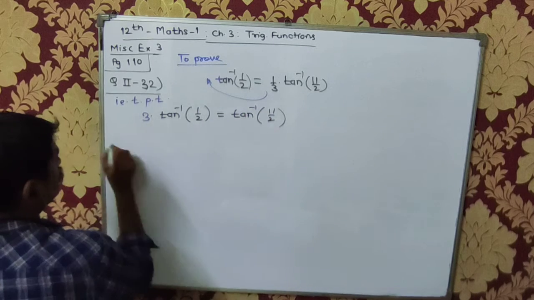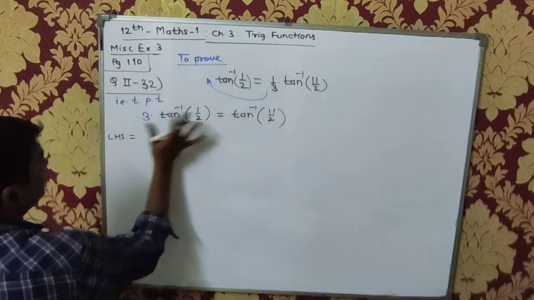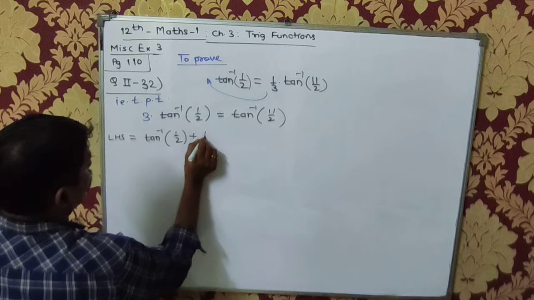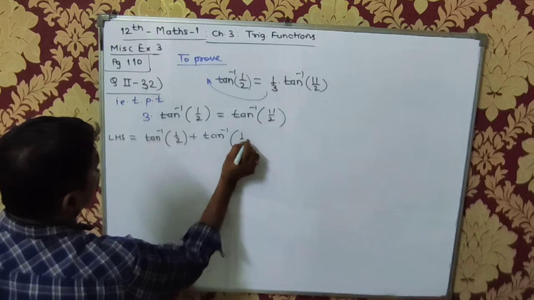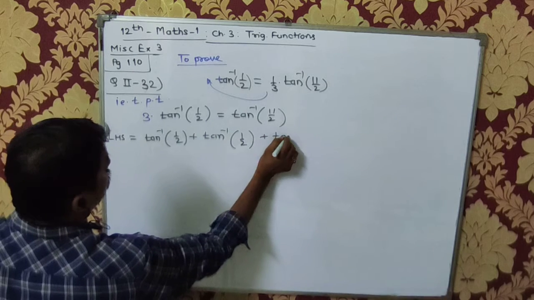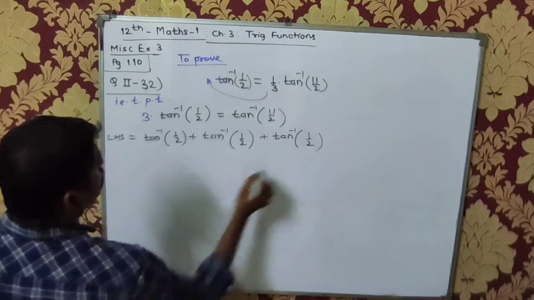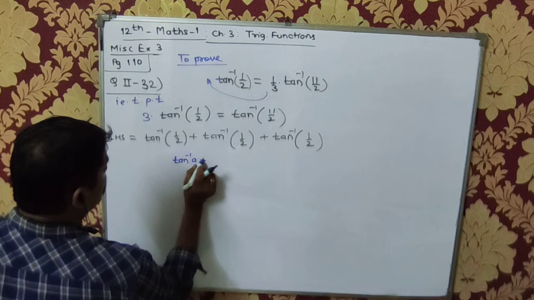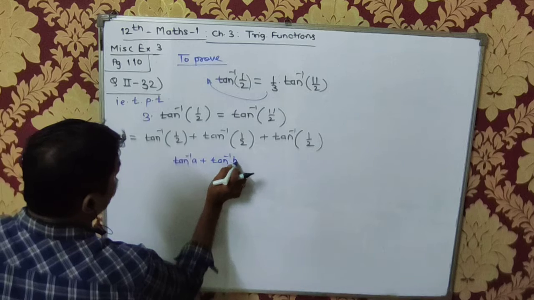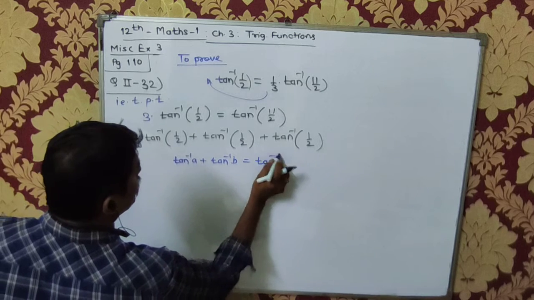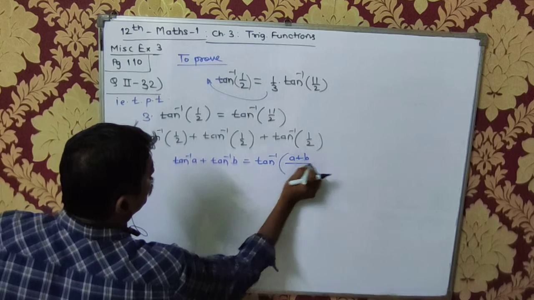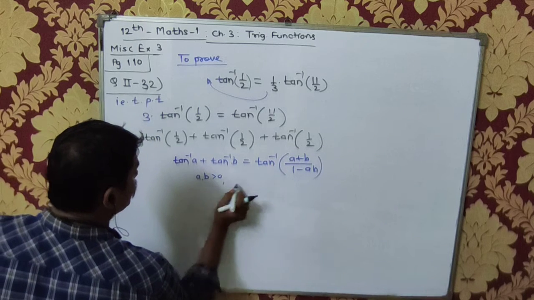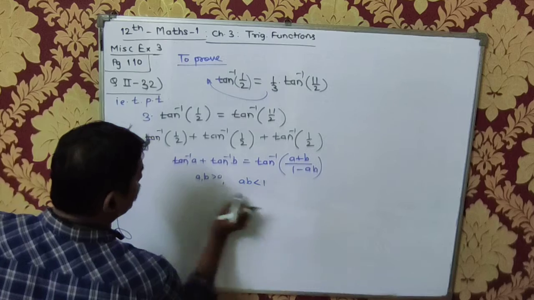Now I will prove this. Here, the LHS is 3 times this, that is tan inverse of half plus tan inverse of half plus tan inverse of half. Here I'll use the formula tan inverse of A plus tan inverse of B is equal to tan inverse of (A plus B) upon (1 minus AB). Only the thing is, A and B should be positive and the product AB should be less than 1.